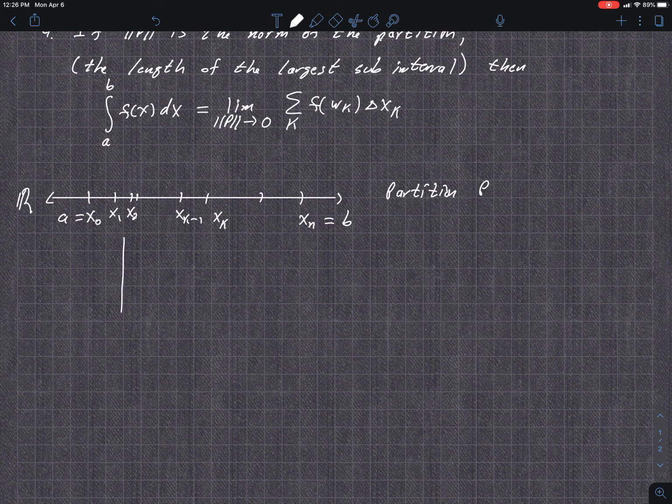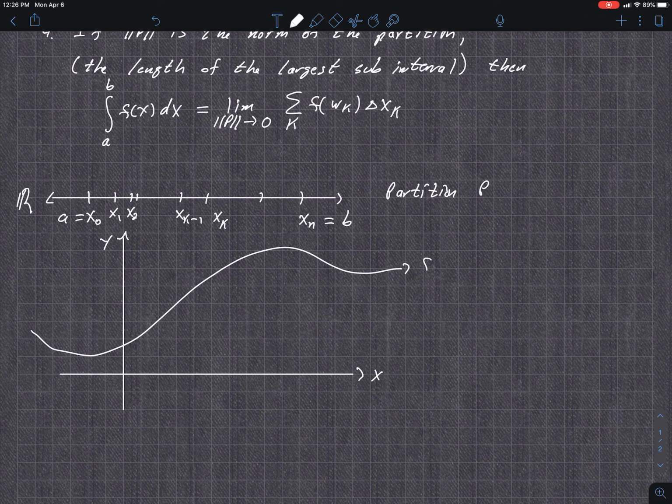So you partition P like that, and then you'll recall that you have the xy axis. Here's your x and here's your y. You have some continuous function like that. That's your f of x. Then you're doing the partition from a to b, and you get the area under the curve, if it's positive, of course.